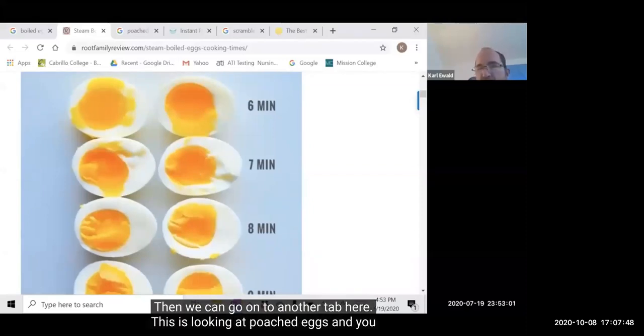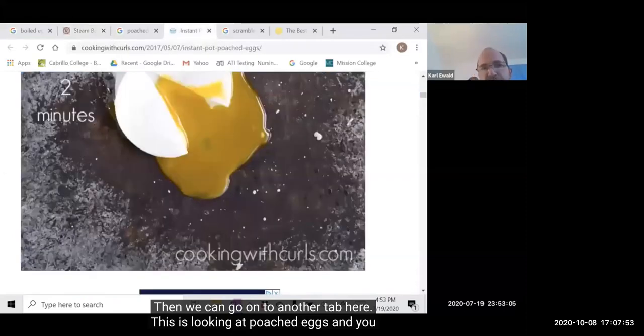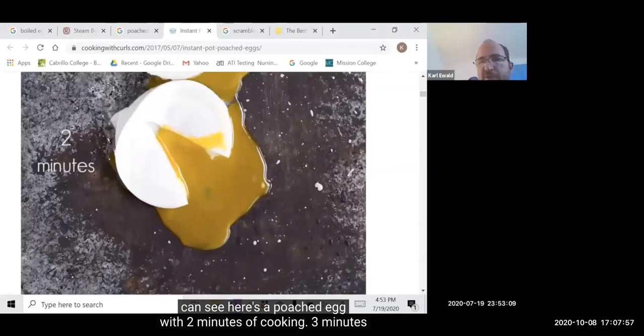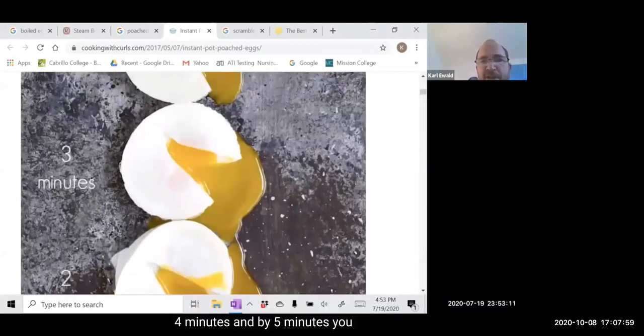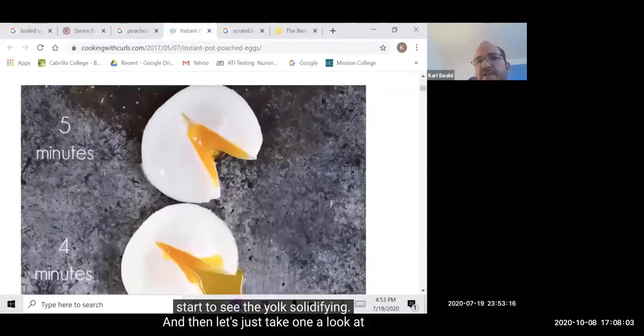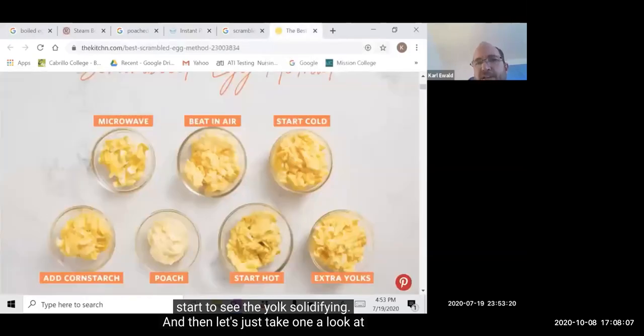Then we can go on to another tab here. This is looking at poached eggs. And you can see here's a poached egg with 2 minutes of cooking, 3 minutes, 4 minutes, and by 5 minutes you start to see the yolk solidifying. And then let's just take one look at scrambled eggs.